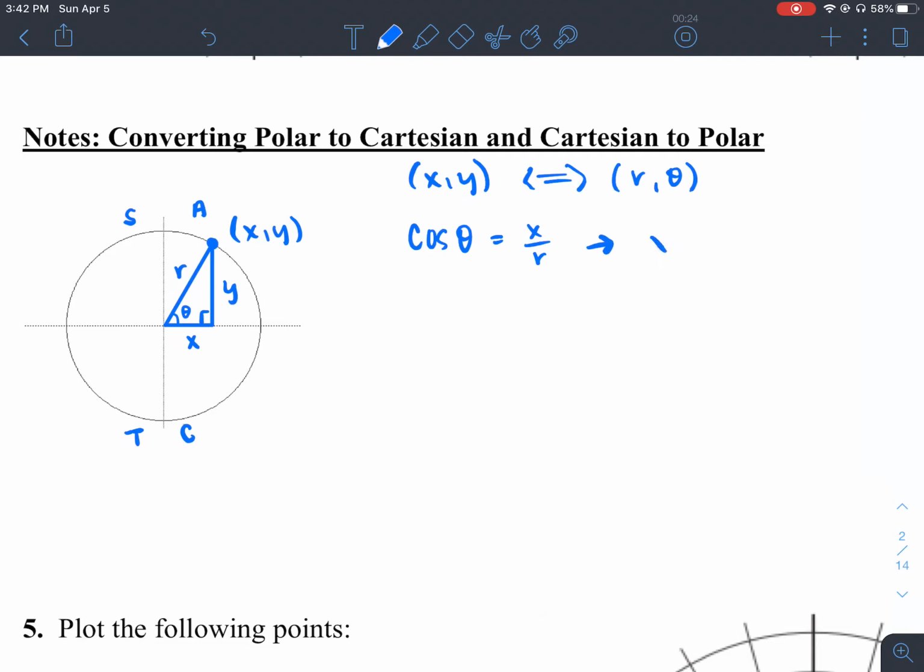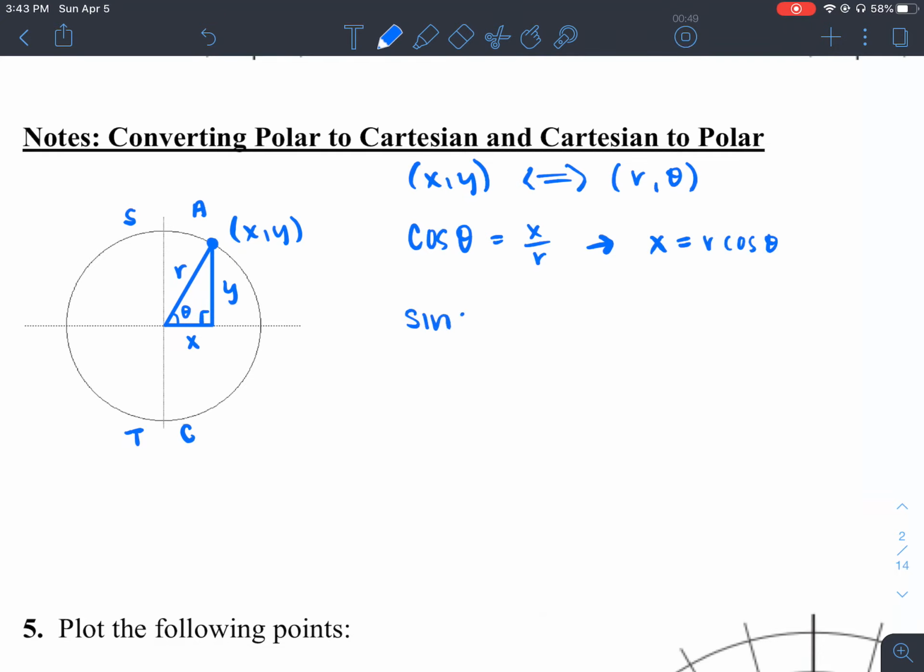But that means x has to equal r cosine theta. So if I had a point in polar coordinates, say (2, 30 degrees), I could figure out what my x value was by doing 2, my radius, times cosine of 30, my theta. That would give me my x value.